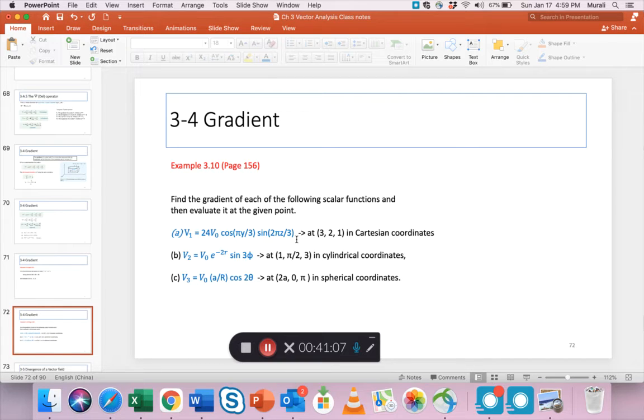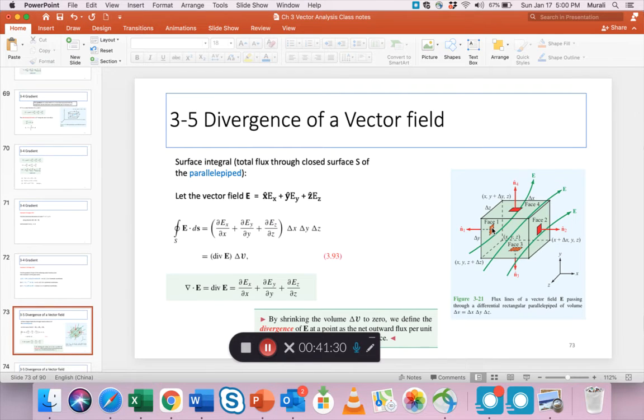Pretty simple. All you have to do is do the partial derivative, then for x, y, z, or whichever coordinate system it is, r phi z or capital R phi theta, whichever, apply those values and you will get the answer. Okay, all right. So I'm going to not spend too much time on that.